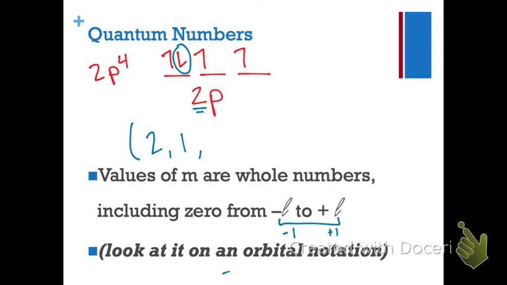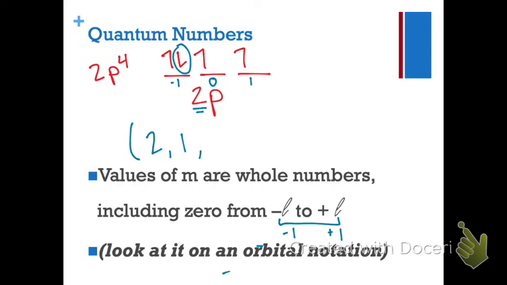We start with the middle and we label that orbital with a 0. Then we label positive 1, negative 1. We think of those orbitals as a number line. The center orbital gets a 0, and then this is one version of the orbital and this is the other version of the orbital.